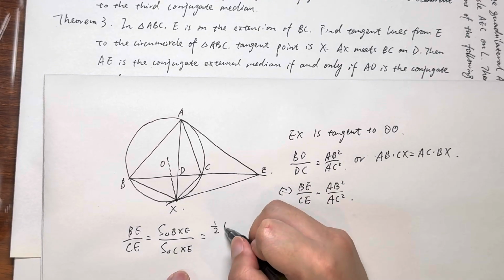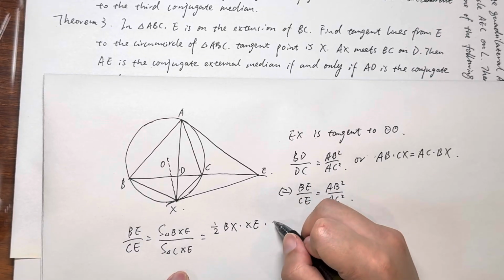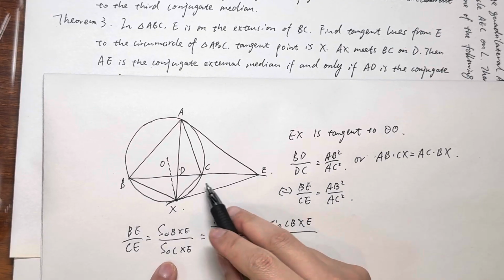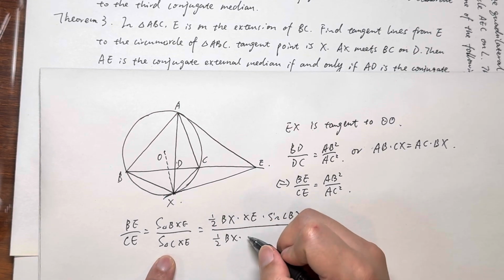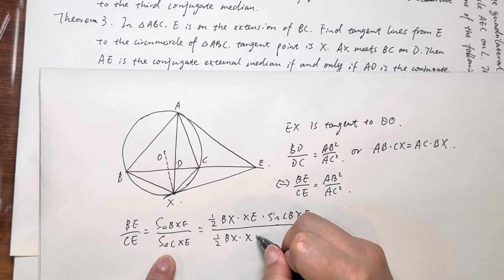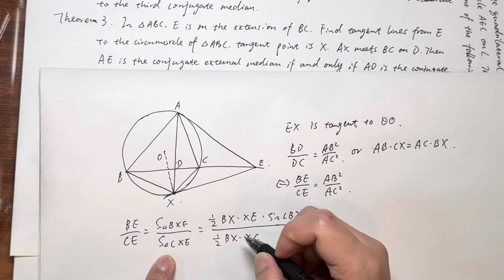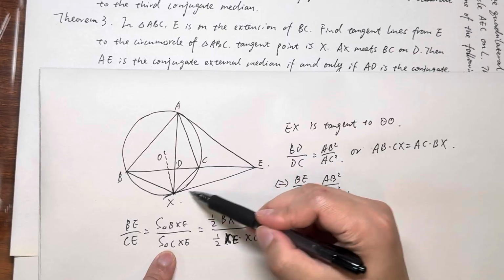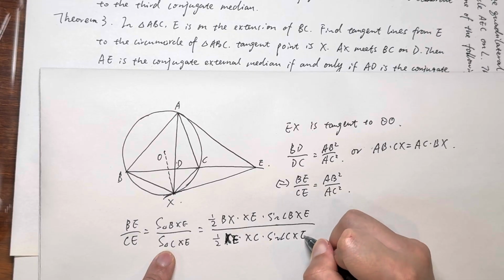Which equals half of BX times XE times sine angle BXE, to the triangle CXE, which is half of CX times XE times sine angle CXE.